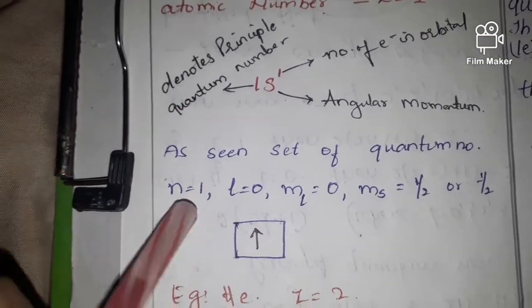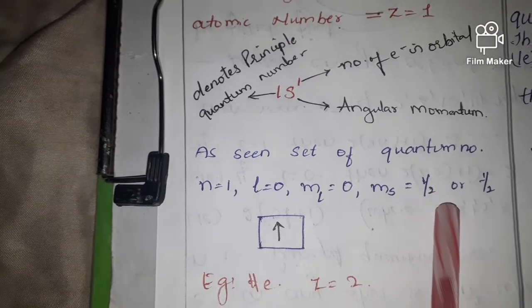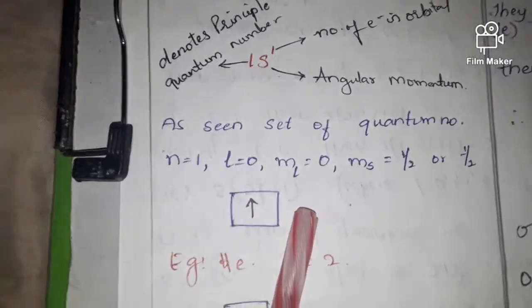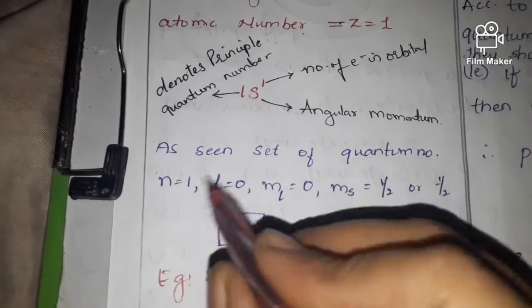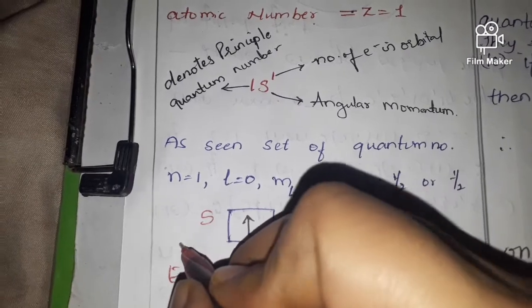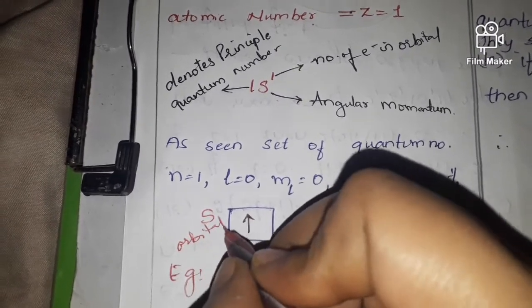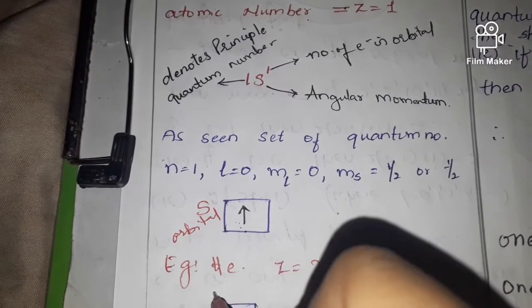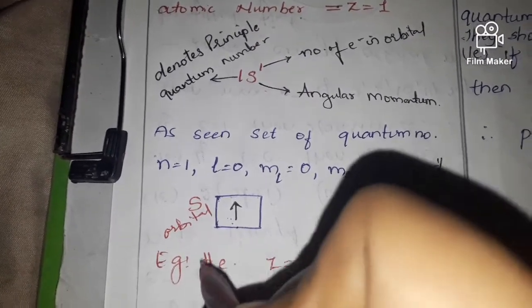Since n is equal to 1, we substitute the numbers in the equation and write the answer. Here we have only 1 electron, so we have 1 electron in the s orbital, and we give it 1 spin.